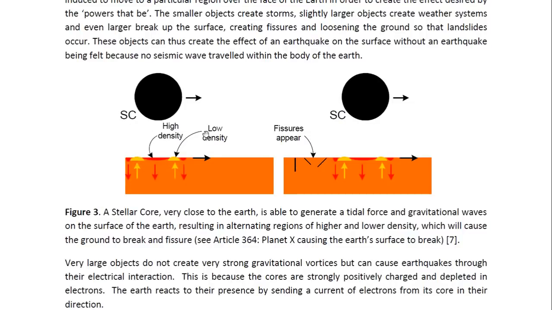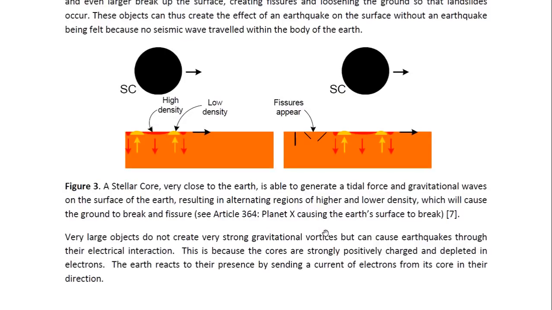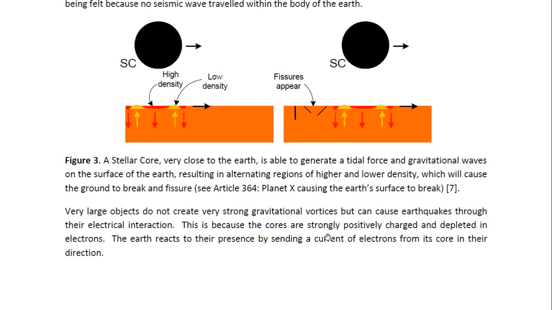And as the object travels, this wave travels with it and causes the Earth to contract and expand. In the high density region, it contracts. In the low density region, it expands. And as these regions travel across the surface, it causes the Earth to break up, and that leads to the ground breaking and fissures appearing.